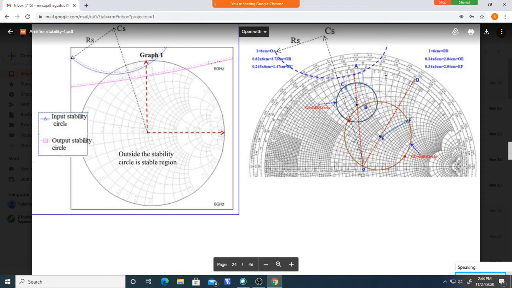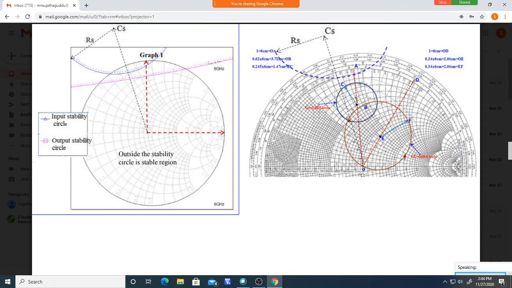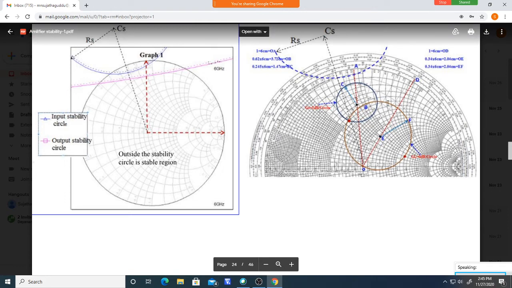The circle is already outside this pink instability region, so any one value over the circle can be used for output matching design. This point gives stable operation. All the values are in the stable region, so you can take any value.